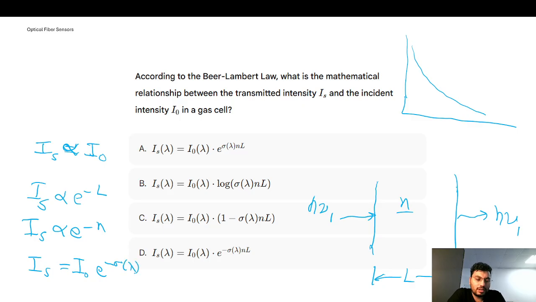Sigma is the constant here, like an epsilon, how we are keeping epsilon. So this is the correct relationship between the transmitted intensity IS and the incident intensity I naught.